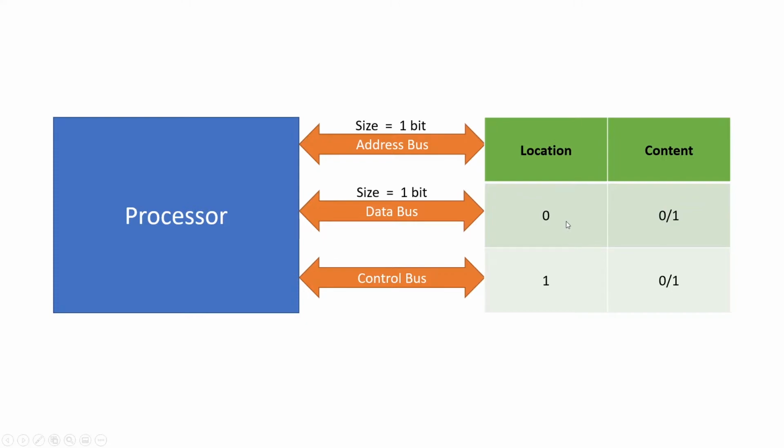But for example, if it's 0, then you are addressing memory location 0 and then storing either 0 or 1, because that's how binary digital computers work. Or memory location 1, and then you either store a 0 or 1 at that particular memory location. That means we have 2 to the power 1, that equals 2 memory locations.